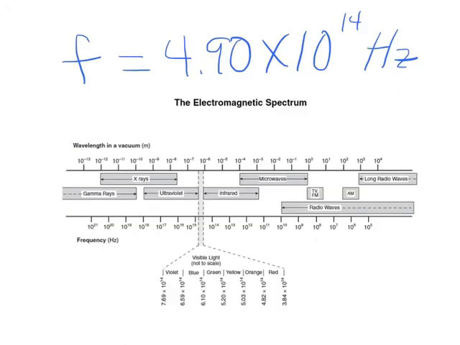So now I again look at my reference tables, under electromagnetic spectrum. I can see I've got all the colors here. The frequency I'm looking for is 4.9 times 10 to the 14th. Notice here's pretty close: this is 4.82 times 10 to the 14th, and this is 5 times 10 to the 14th.